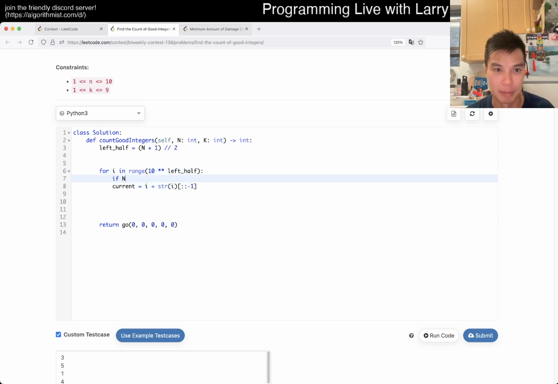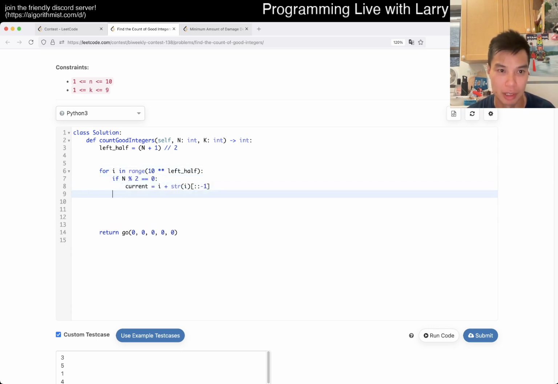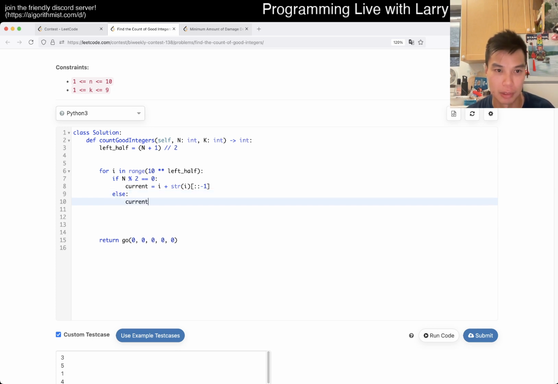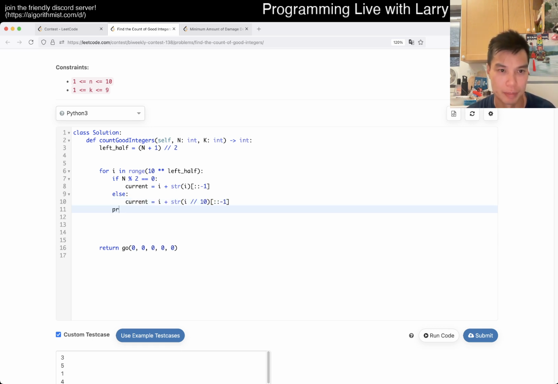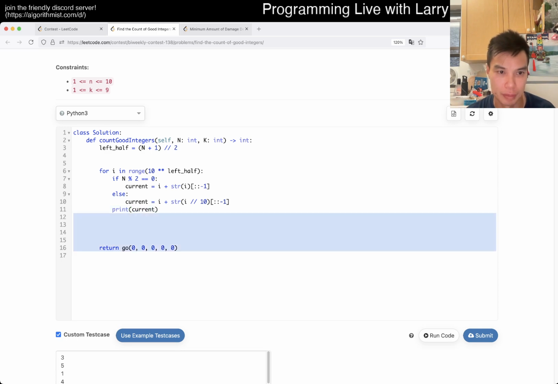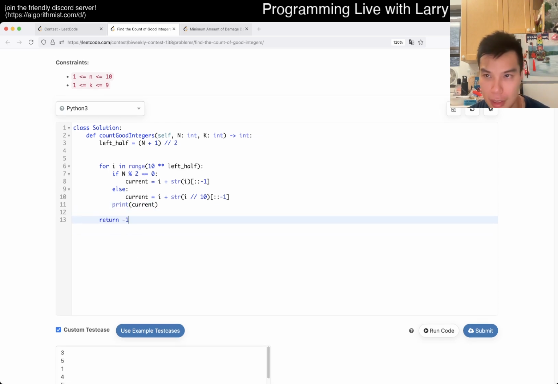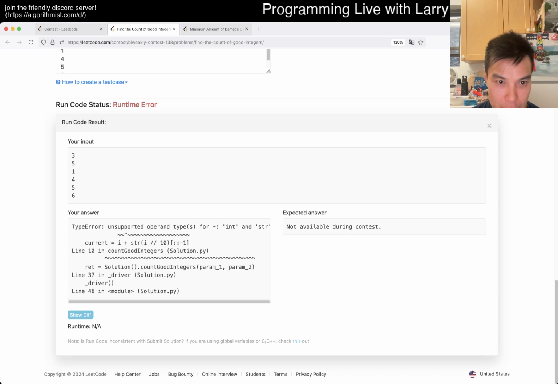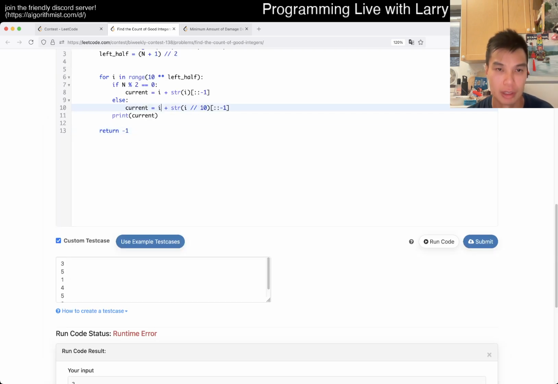If n mod 2 is equal to 0, then this is true, else current is equal to I plus, we skip the first one, or maybe just divided by 10, I guess. All right. I spent half an hour on the wrong problem. This is unfortunate.